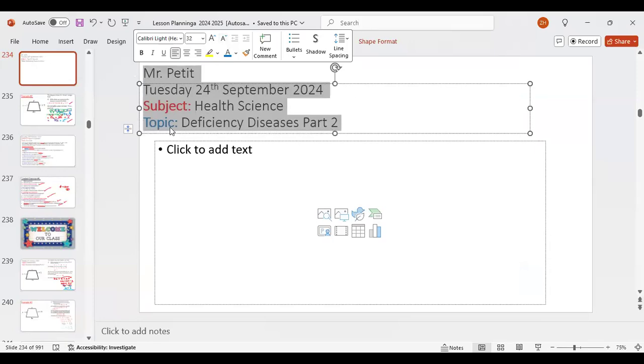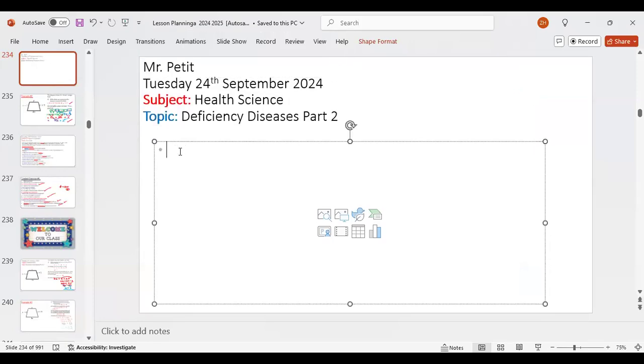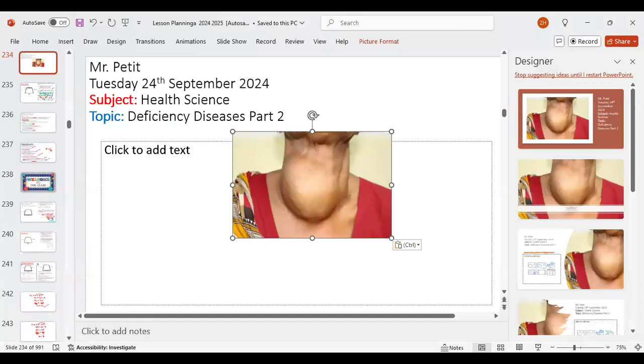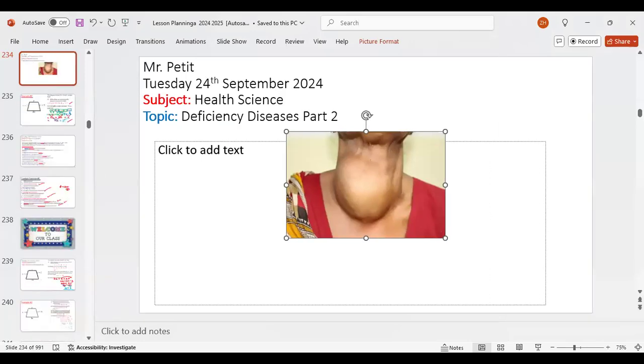Let me show you a picture. Have you ever seen someone randomly with something like this on their body? Ever seen anyone walking around with something like this?